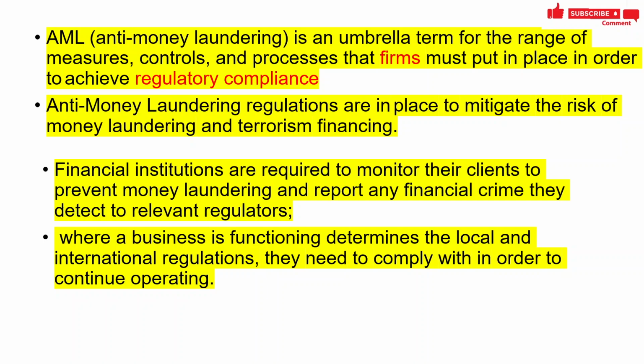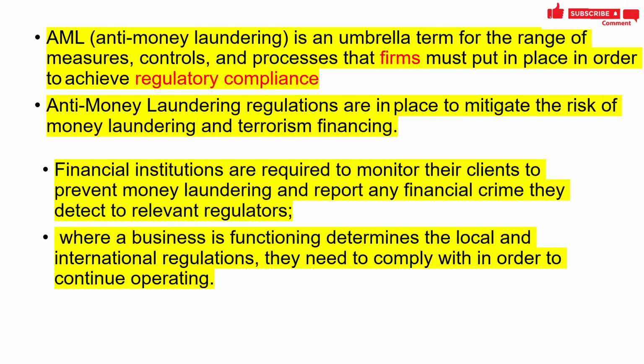Now, coming to the second point, money laundering regulations are in place to mitigate the risks of money laundering and terror financing. Coming to the third point, financial institutions are required to monitor their clients to prevent money laundering and report any financial crime they detect to the relevant regulators. As I told you, AML is a neutral term. It is applicable to every country, and every country has its own regulation.